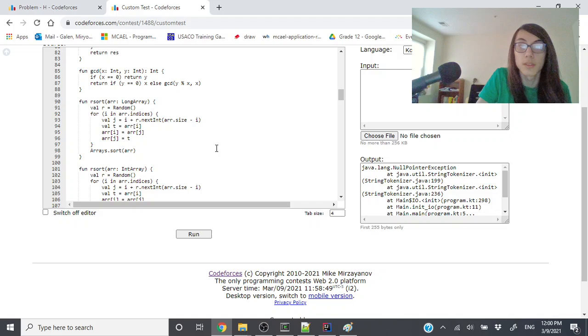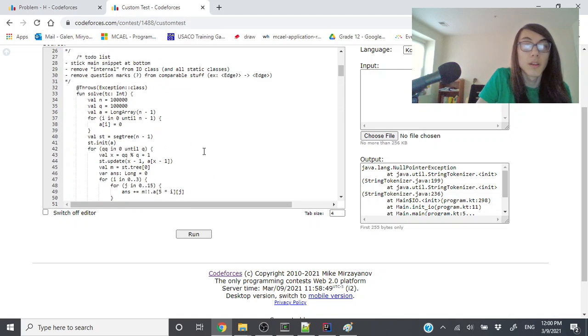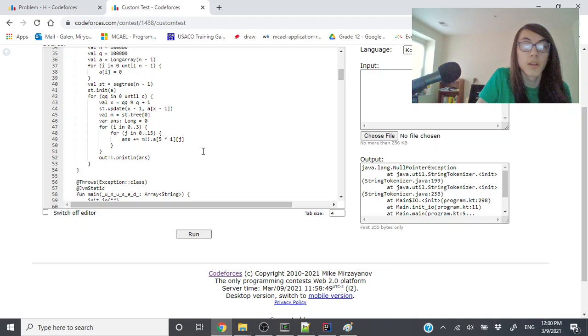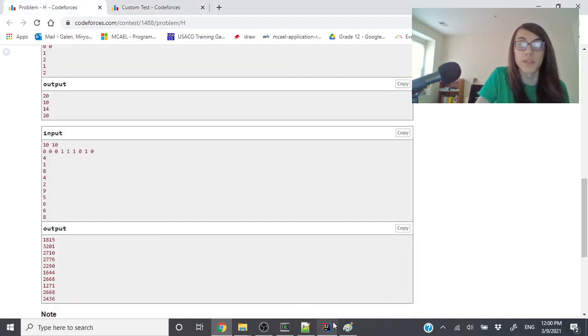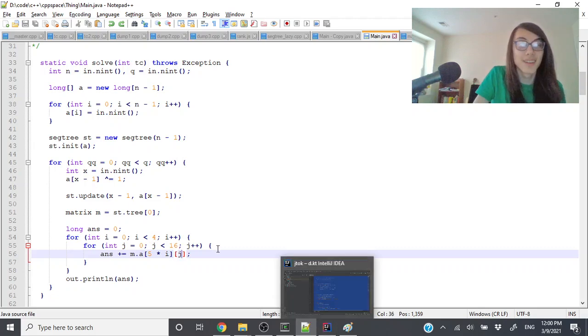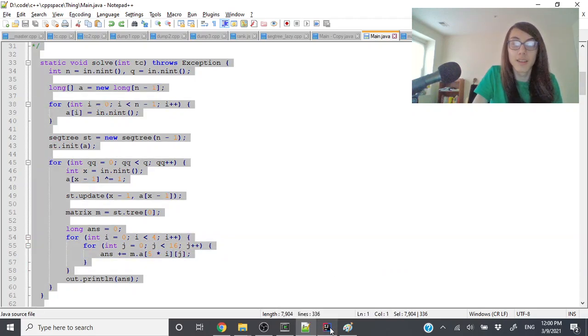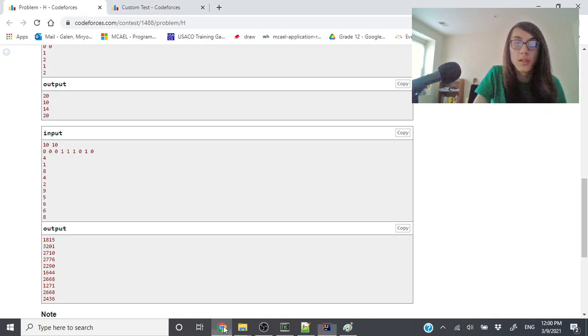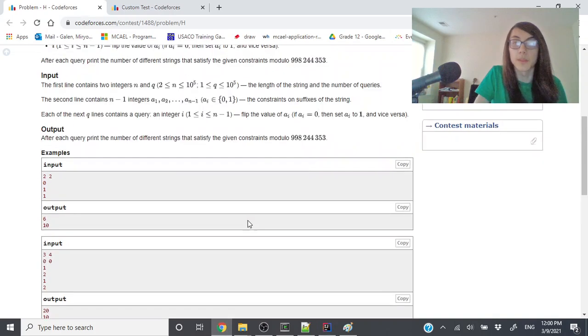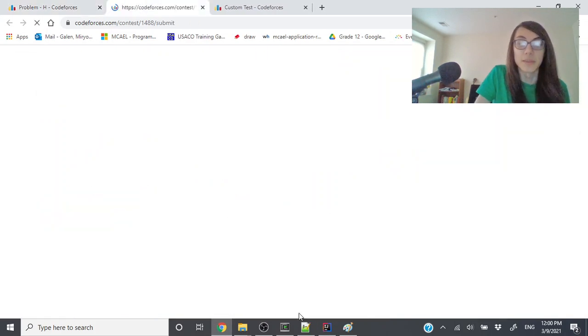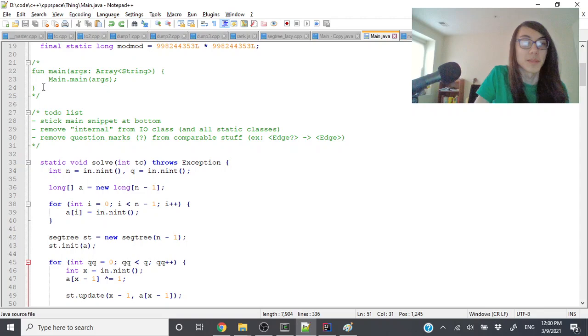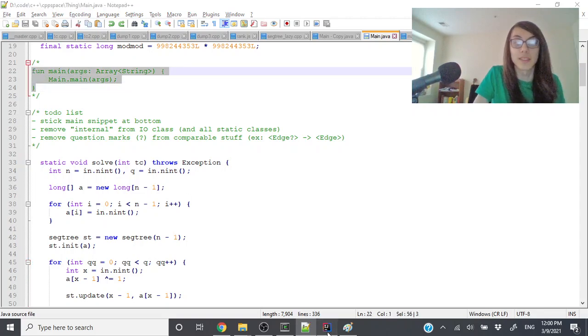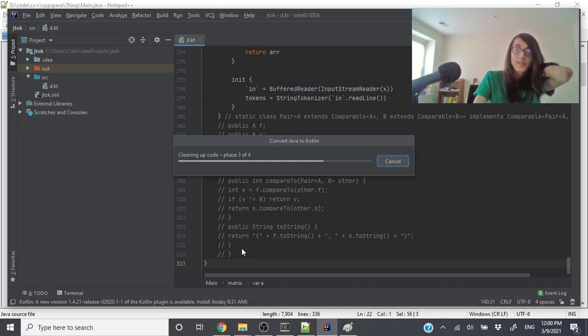No pointer exception. Okay, whatever. Maybe I'm forcing it to read input while it really can't. Okay, but it doesn't really matter because we have a very short amount of time left, so we might as well just submit this and hope and pray.